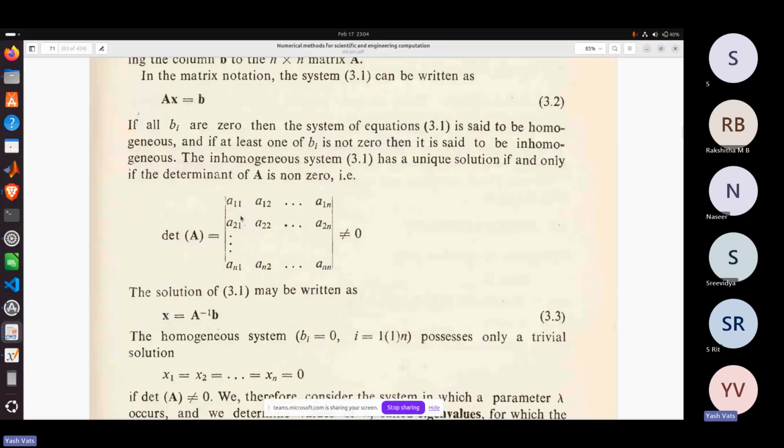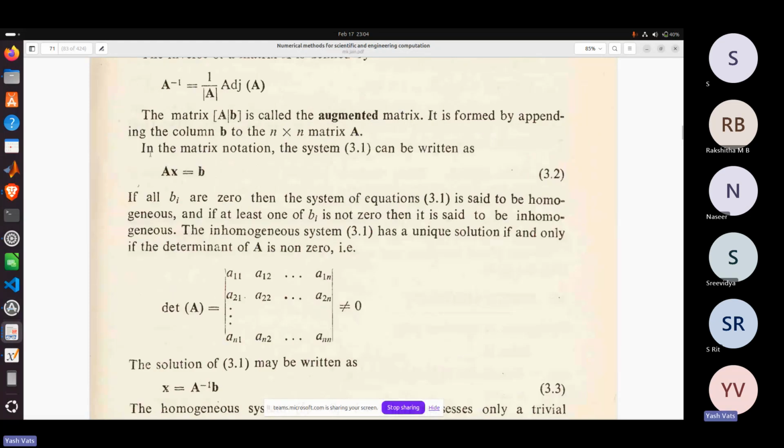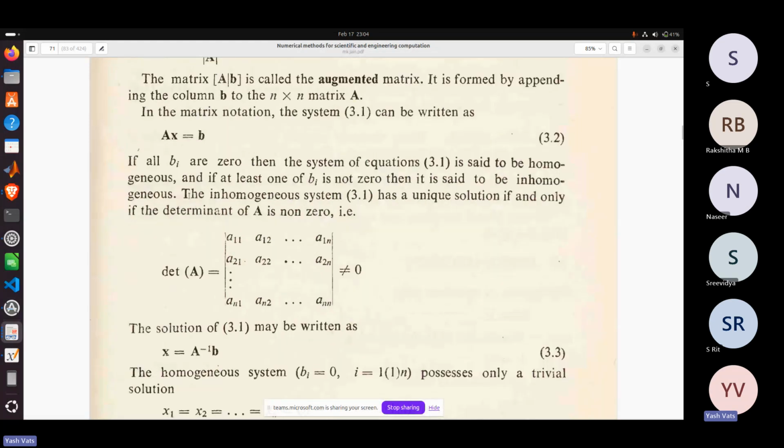One thing I want to mention: if you have a system of equations Ax equal b, written in this form, when can you guarantee that x is the solution of the system? An inhomogeneous system has a unique solution if and only if the determinant of A is non-zero.